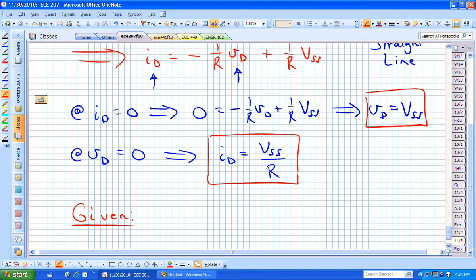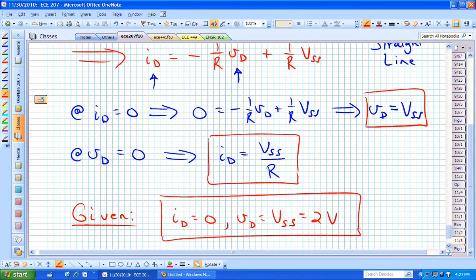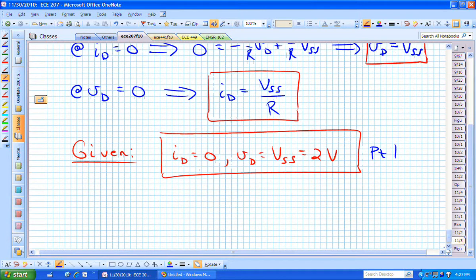Weren't we told what V sub SS was and what R was? So now we know that I sub D equal to 0 corresponds to V sub D equal to V sub SS, which was 2 volts. That's one of our points. We were also told the same information.